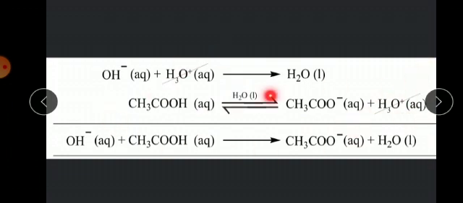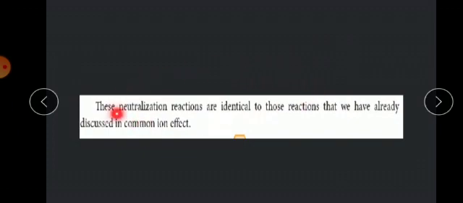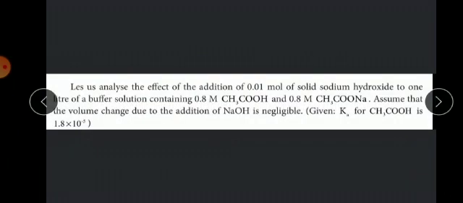We shall write the remaining here: OH minus aqueous plus CH3COOH aqueous gives CH3COO minus plus water. This is buffer action. These neutralization reactions are identical to those reactions that we have already discussed in common ion effect. Let us see now one more problem for buffer action.